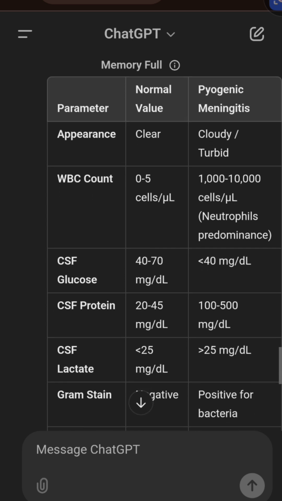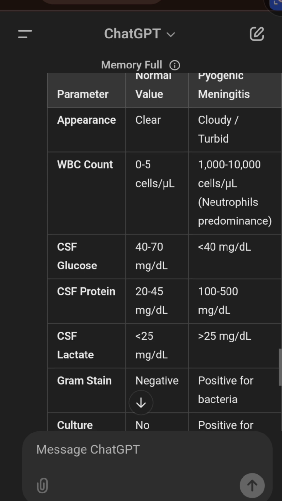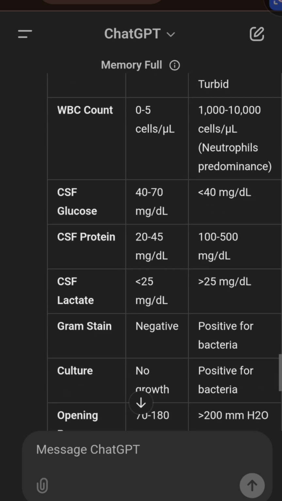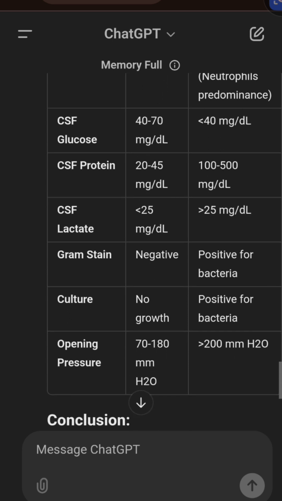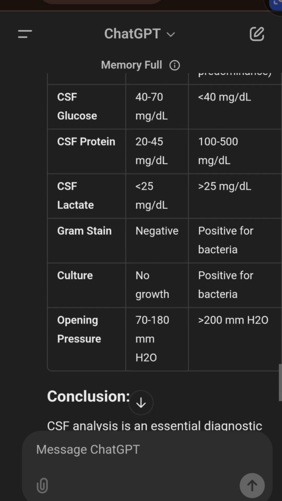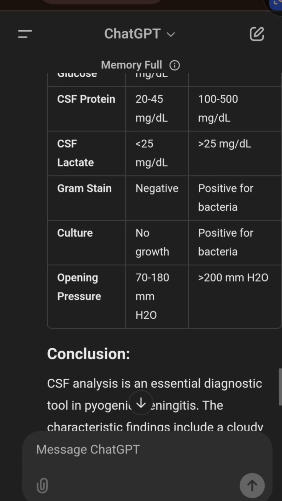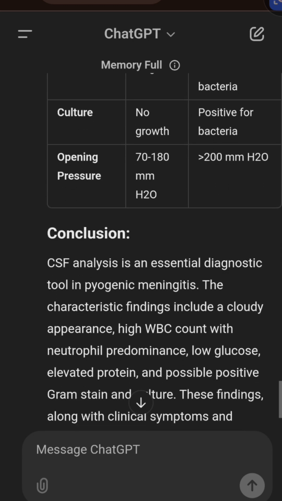CSF glucose: 40 to 70 mg per dL, less than 40 mg per dL. CSF protein: 20 to 45 mg per dL, 100 to 500 mg per dL. CSF lactate: less than 25 mg per dL, greater than 25 mg per dL. Gram stain: negative, positive for bacteria. Culture: no growth, positive for bacteria. Opening pressure: 70 to 180 mm H2O, above 200 mm H2O.